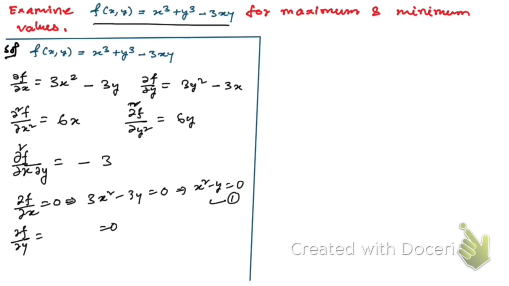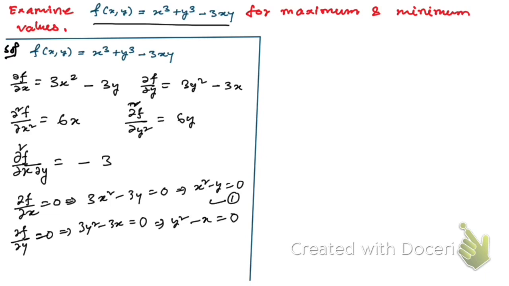Sorry. So dividing both sides, here we're gonna have y square minus x is equal to 0. That's what we're gonna have, right?